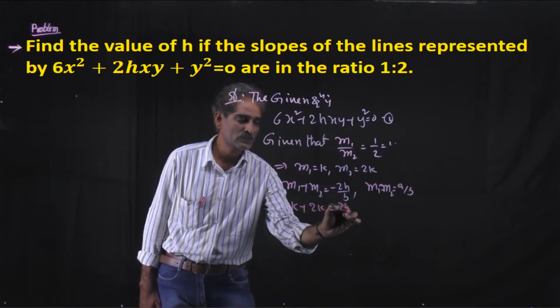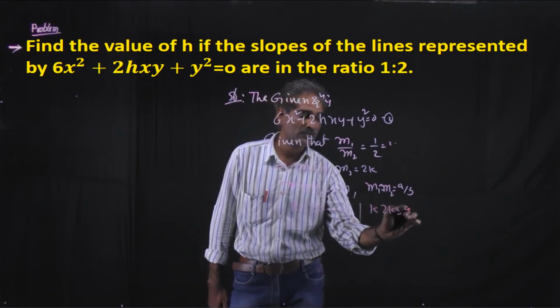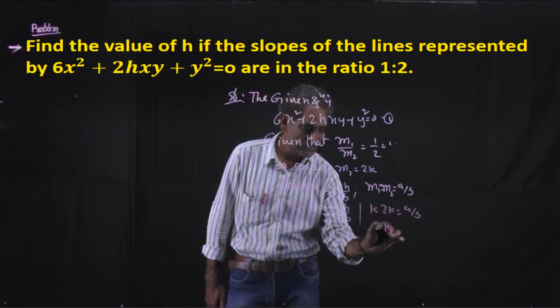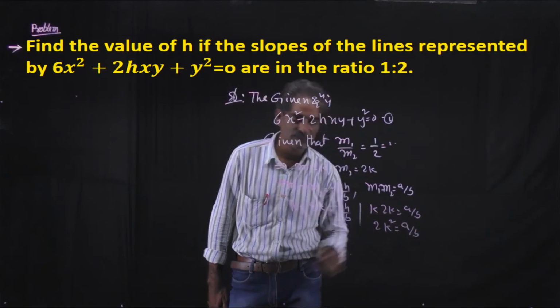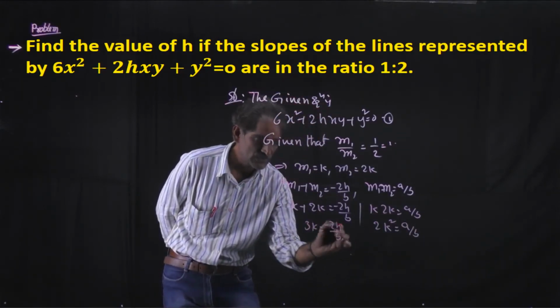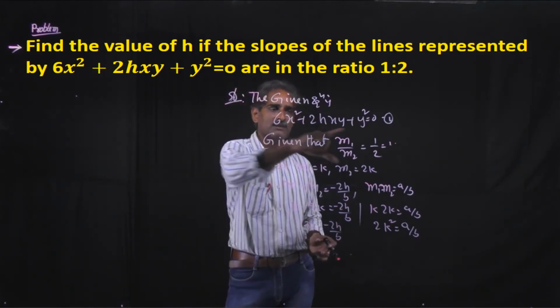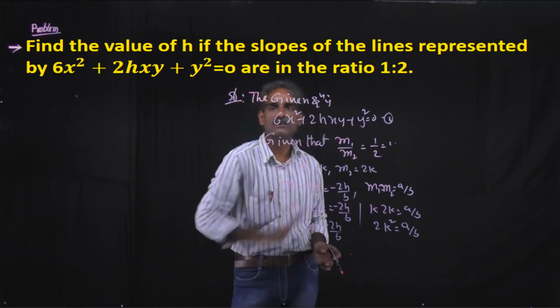That gives minus 2h by b, and k into 2k is equal to a by b. So 2k square is equal to a by b, and 3k is equal to minus 2h by b. Here we have to find h; in place of a there is 6 and in place of b there is 1.